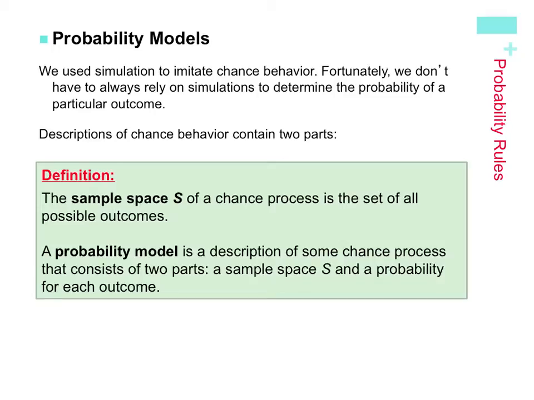So a sample space can be very simple or very complex, right? When we toss a coin once, there are only 2 possible outcomes, a heads or a tails. We can write the sample space using set notation, such as the sample space is equal to heads or tails.